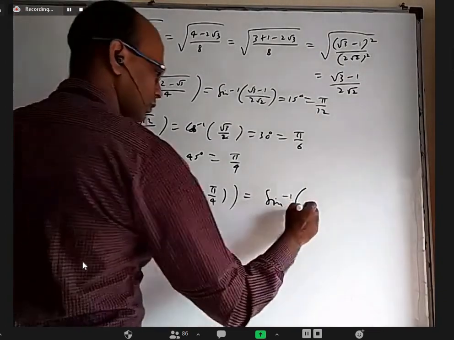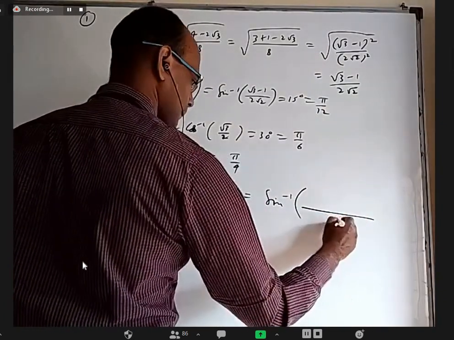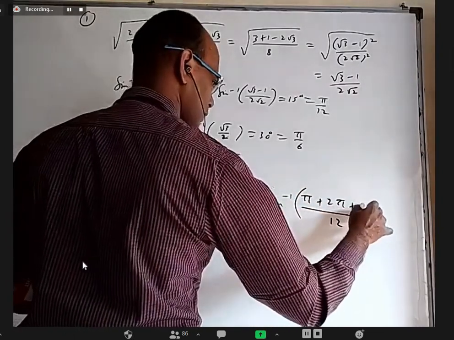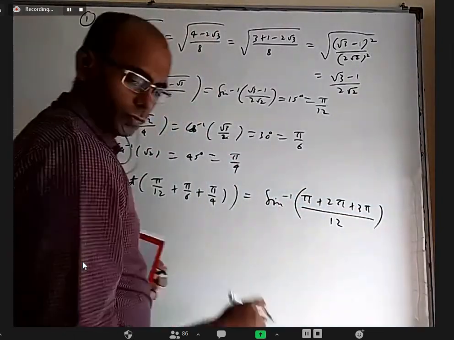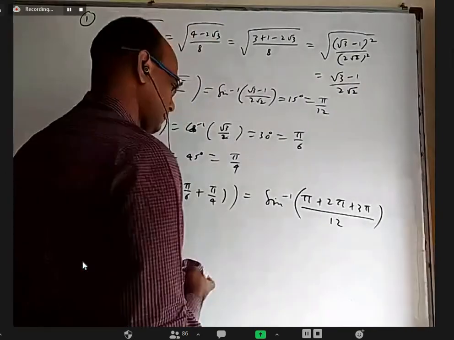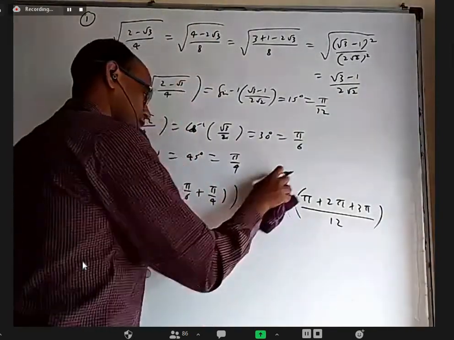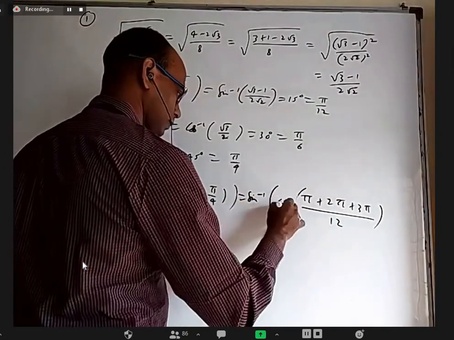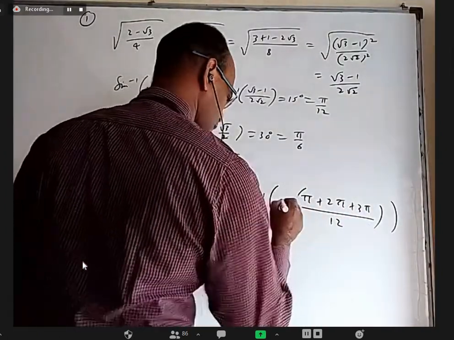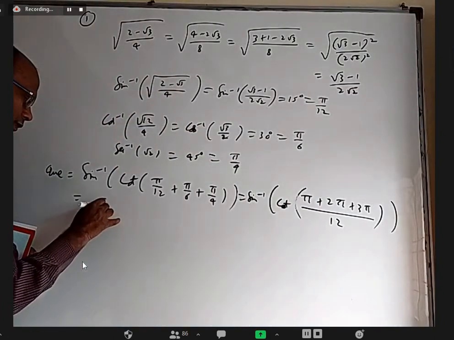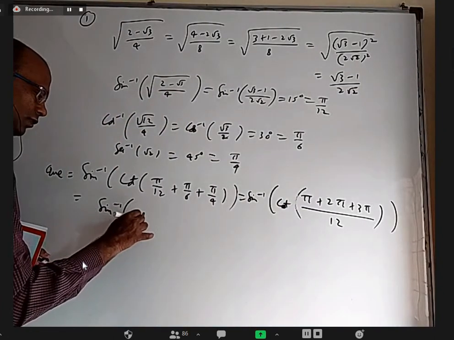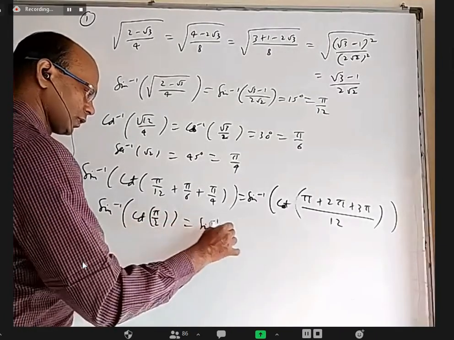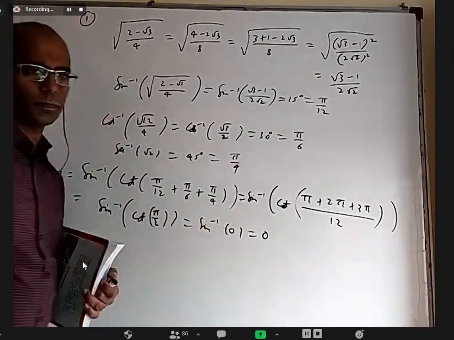When I take 12 LCM, this is pi, this is 2 pi, this is 3 pi. The cot, of course. Sine inverse cot pi by 2, cot 90 is 0. Sine inverse 0 is also 0.